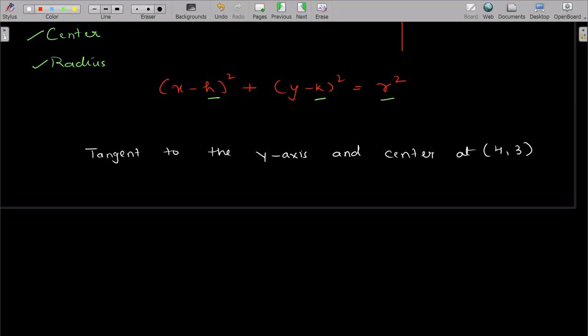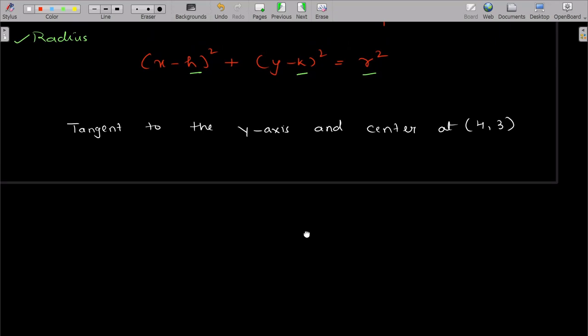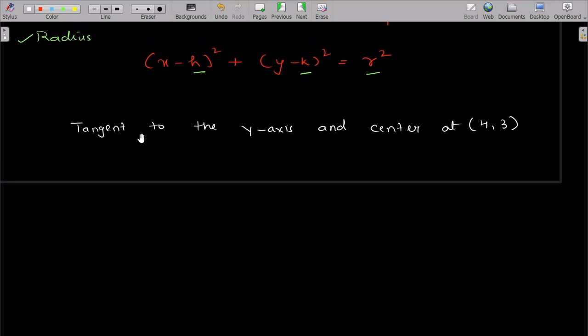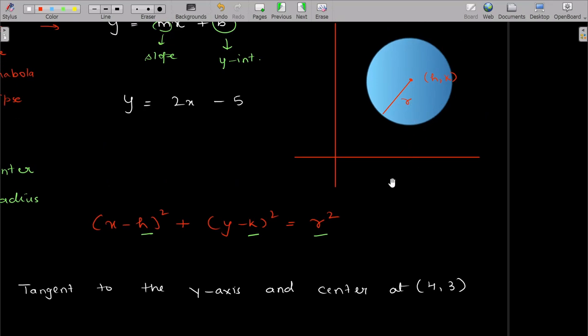Like next to? Kind of, yeah. So tangent means a line which touches a curve. Tangent is usually used with respect to curves. Here the circle is a curve, and the y-axis is tangent to this circle.